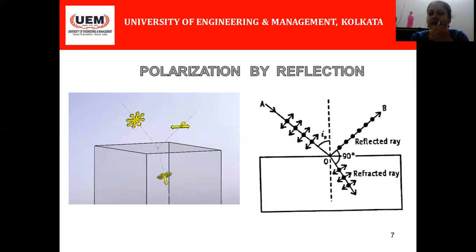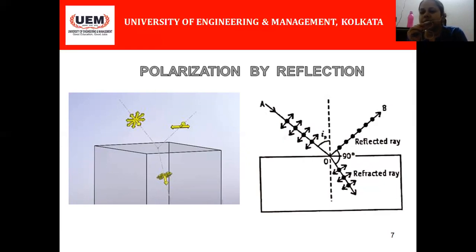And if it is incident at this special angle, the angle of polarization IP, then the reflected ray is getting completely polarized. And the angle between the reflected ray and the refracted ray is 90 degrees for this special angle of incidence. If the angle of incidence is equal to the angle of polarization, then the reflected ray and the refracted ray are mutually perpendicular to each other and the reflected ray is completely polarized.